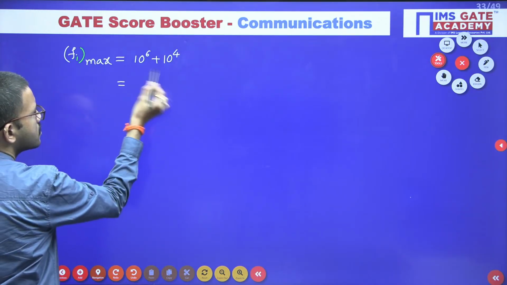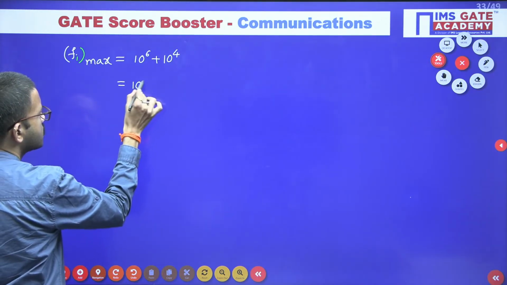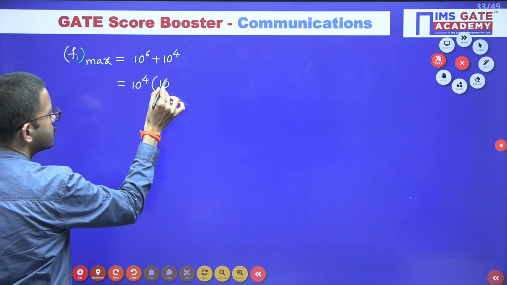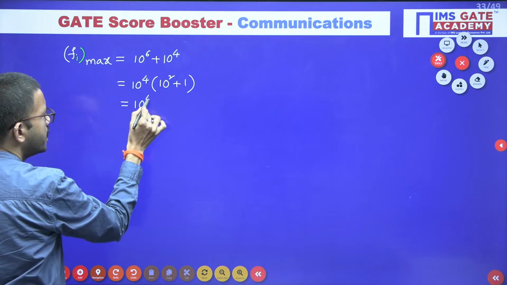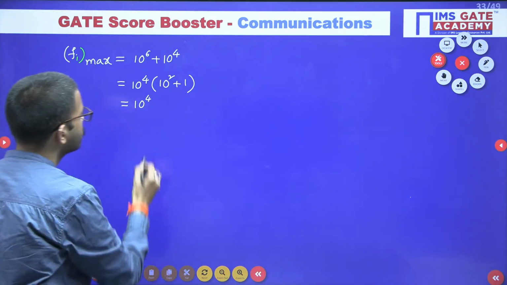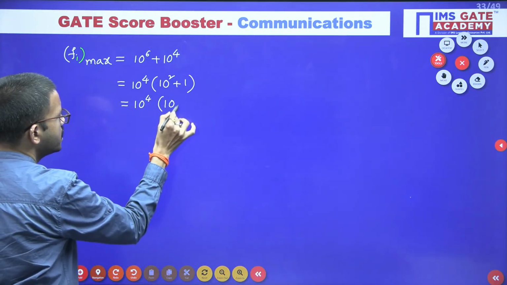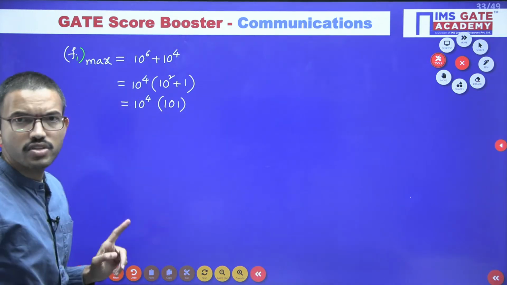From here, you can take 10 power 4 as common. Then 10 square plus 1. 10 square is 100, plus 1, which is 101. So you are getting 10 power 4 into 101.